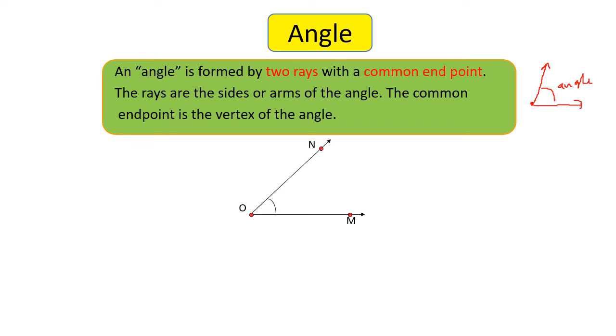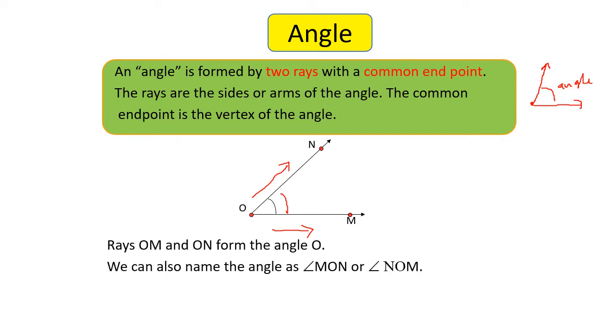So in this diagram, see, this is ray ON and ray OM, and the angle between them is called angle NOM. Okay, and this O is called the vertex. O is called the vertex of the angle.